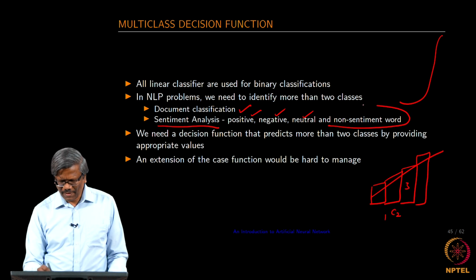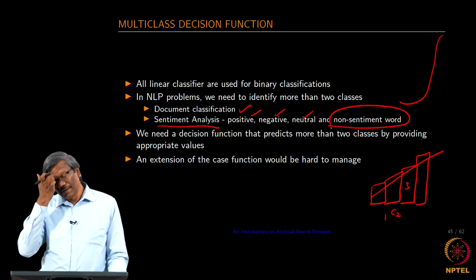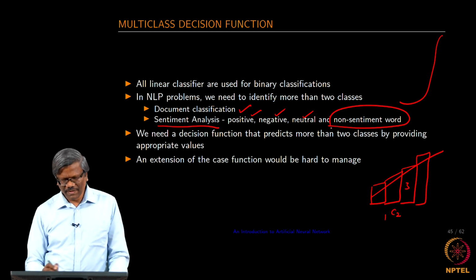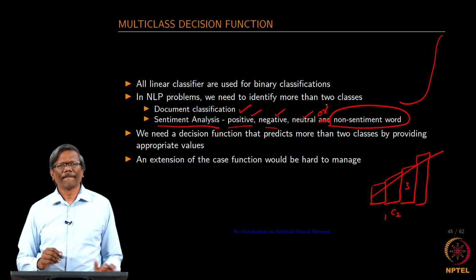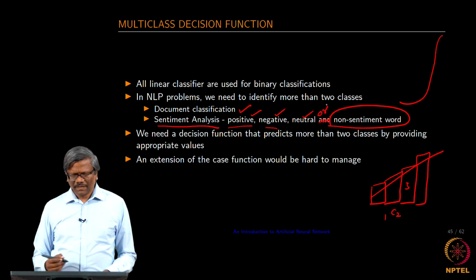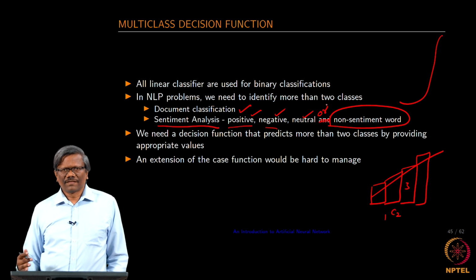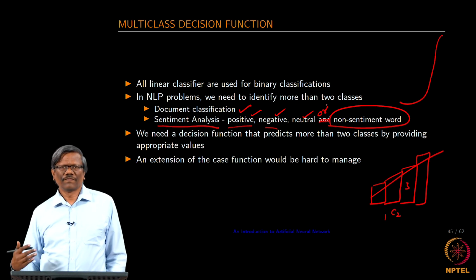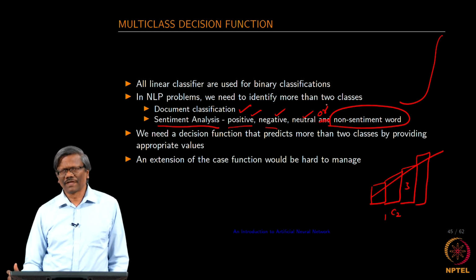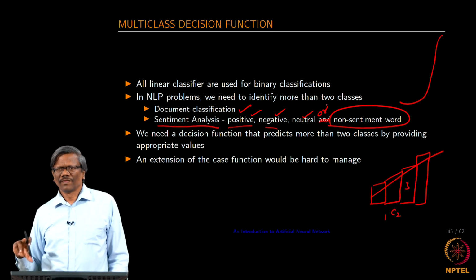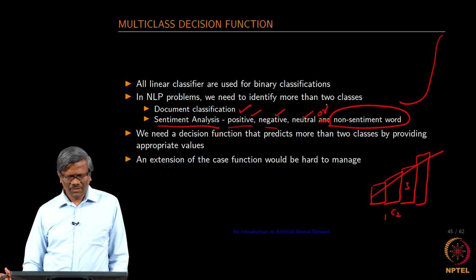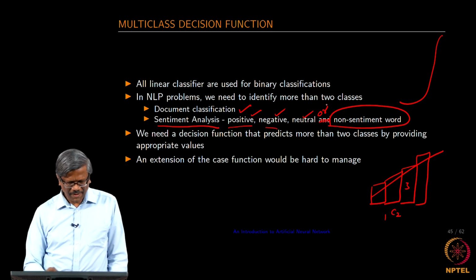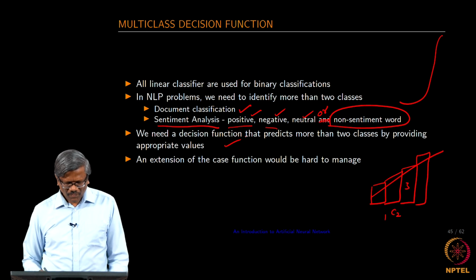Again, you want to find out whether the word that you are talking about is positive, negative or something else. Let us put it as R. So, in those cases it is necessary to have a decision function that allows us to predict more number of classes and not just 2, right.